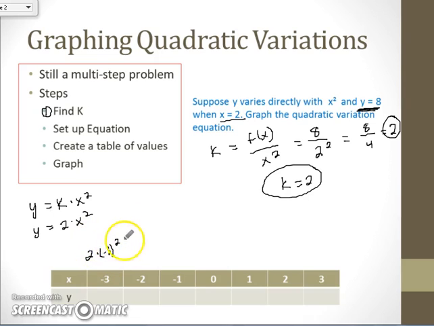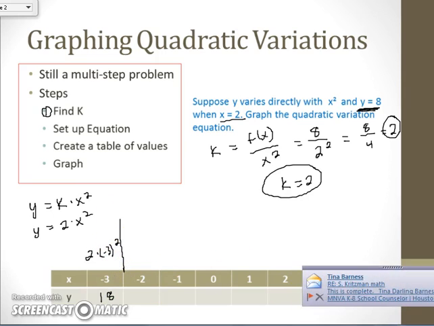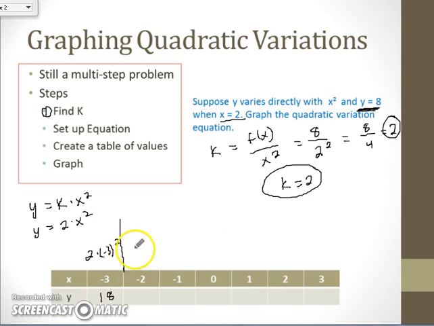So that -3 squared is 9. 2 times 9, we get 18. If we do it with the second one, we would have 2 times a -2 squared. -2 squared is 4. -2 times -2 is 4, so 2 times 4 is 8.